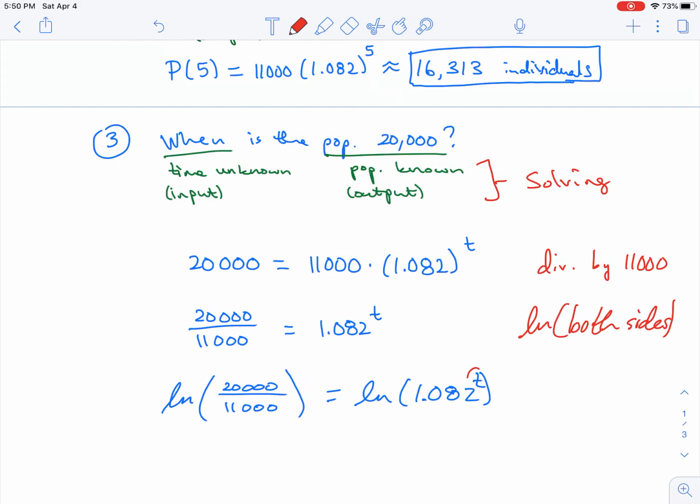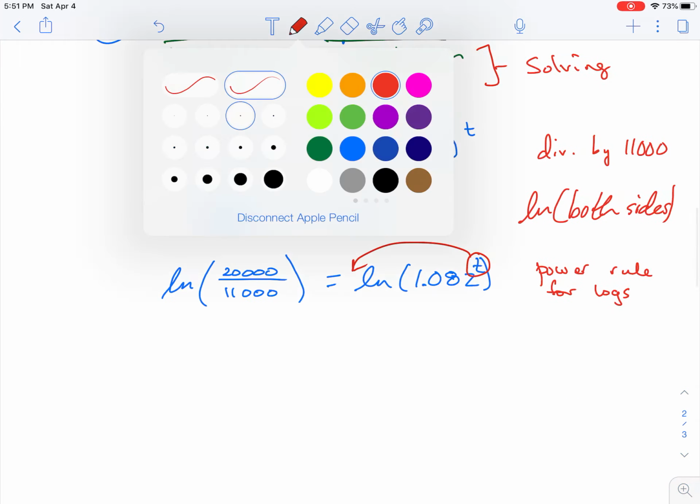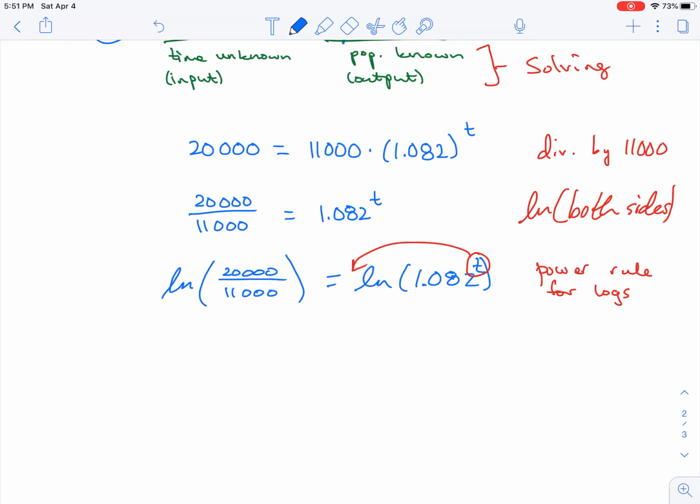And the power rule for logs pops that t out front. So we have log of 20,000 divided by 11,000 is equal to t times log of 1.082.